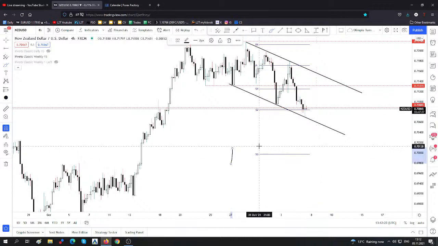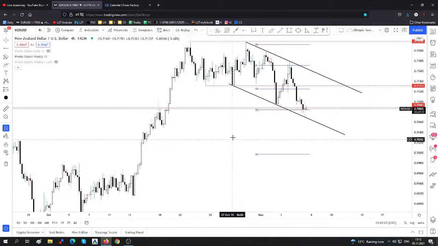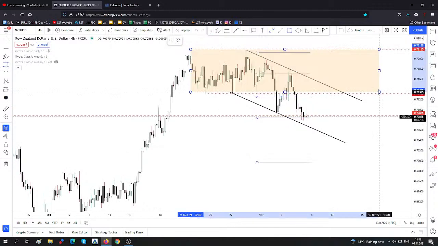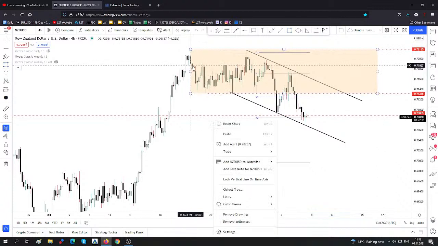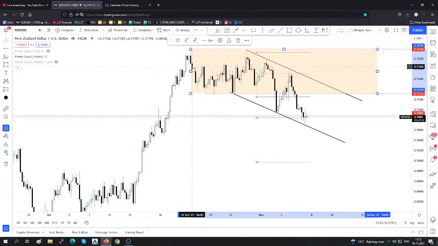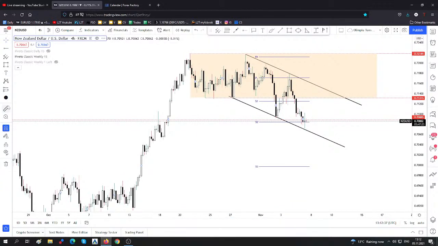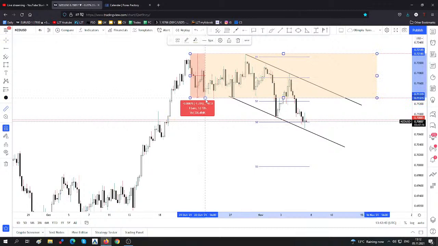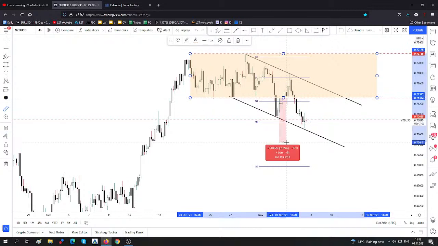Also one moment here, because I want to measure this here. One moment. So we had something like a range here, 87 pips. So something like this, 87 pips.